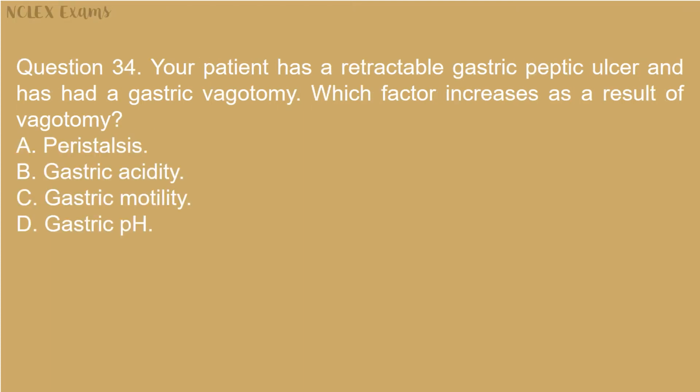Question 34. Your patient has a refractory gastric peptic ulcer and has had a gastric vagotomy. Which factor increases as a result of vagotomy? A. Peristalsis. B. Gastric acidity. C. Gastric motility. D. Gastric pH.